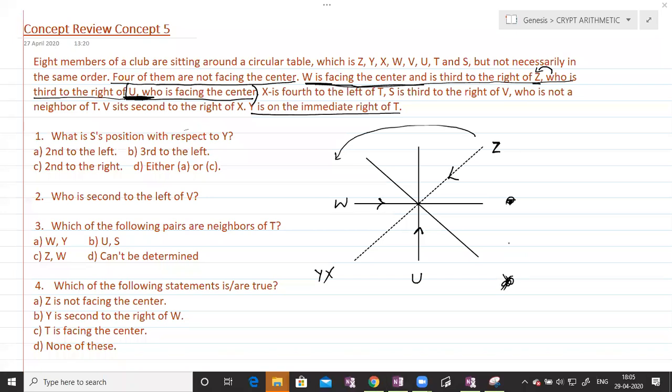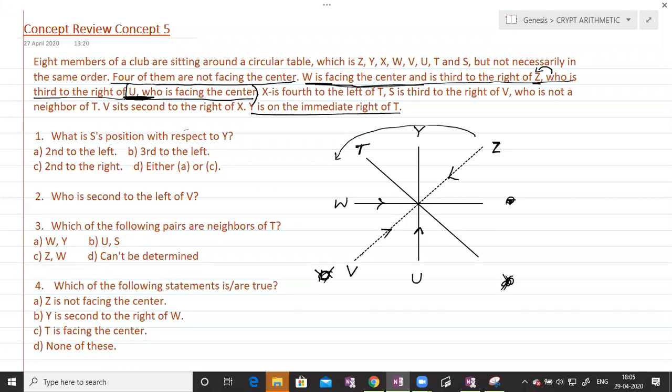Now look at this one. X is the fourth to the left of T, right? And S is the third to the right of V, who is not the neighbor of T. It means there is a position of Y is there. If Y is there, of course, T must be here, right? Now, X is fourth to the left of T. Left of T, it should be V here.